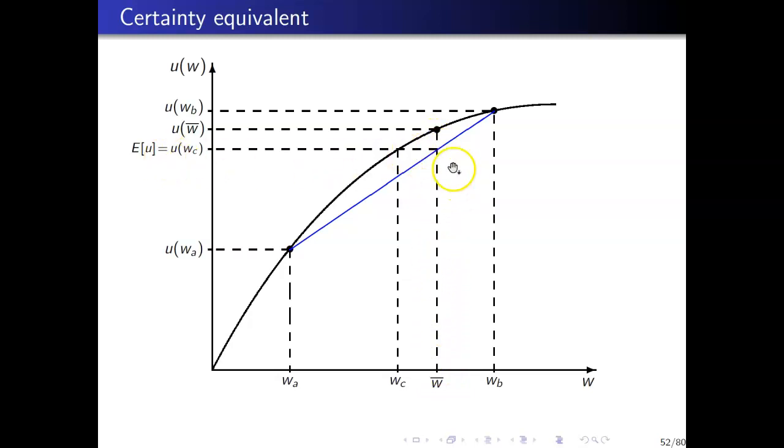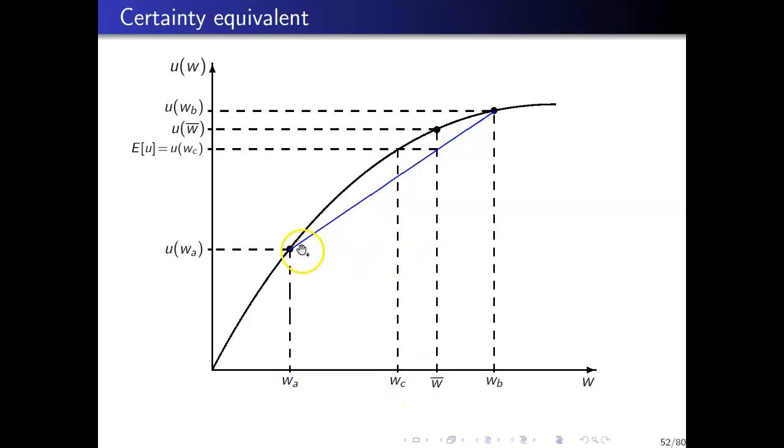We have shown earlier that the line starting from the expected wealth crosses the blue line at the level equal to expected utility. And now we have just defined a certainty equivalent, okay, which is an amount of money you give with certainty to that person so that he is indifferent between the two possibilities A and B. And this is our certainty equivalent.